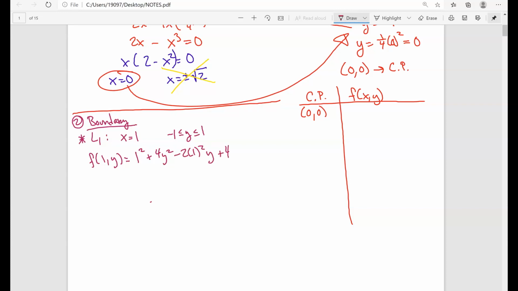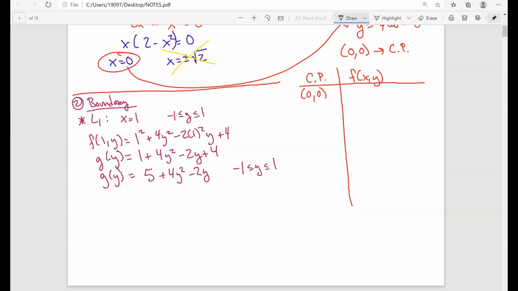All I'm doing is plugging in the 1, so I don't need to really write f of 1 comma y. We can just write g of y. This is just a function of one variable. So we have 1 plus 4y squared minus 2y plus 4. So g of y is equal to 5 plus 4y squared minus 2y, and you can rearrange them if you want. Doesn't really matter. And remember that we are only looking at the interval from -1 to 1.